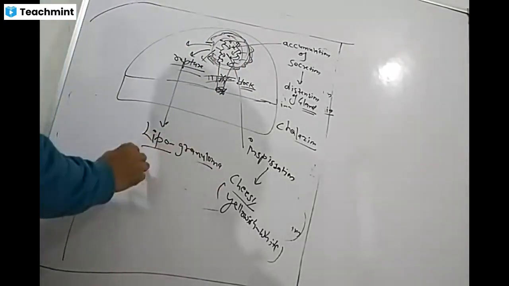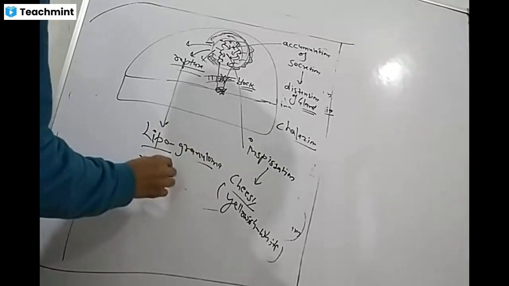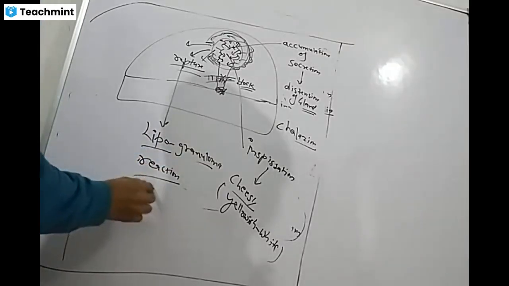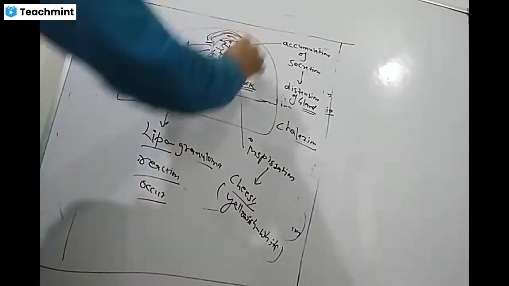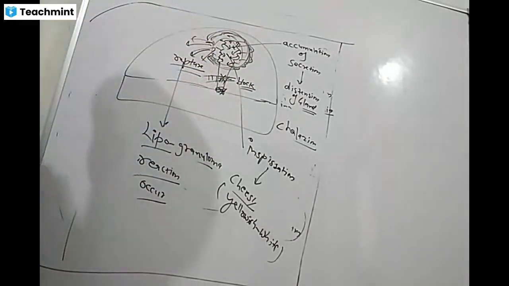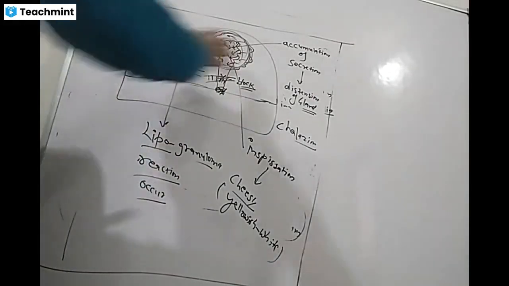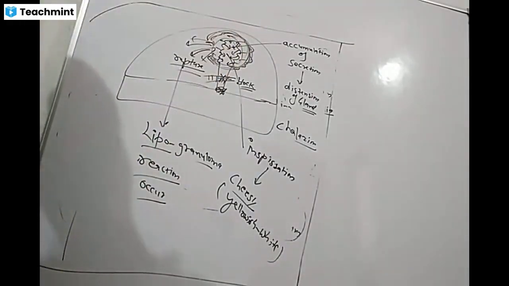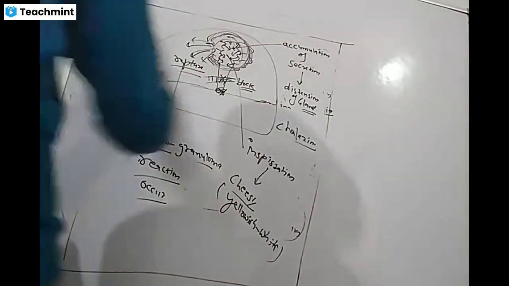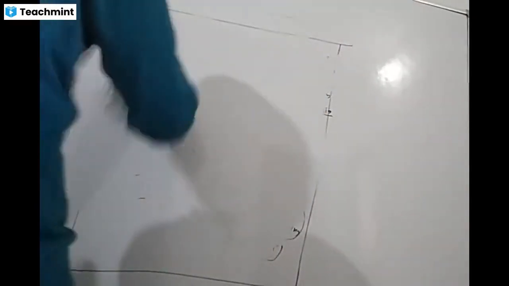So a lipogranulomatous reaction will occur because of rupture of the sebaceous gland. So these are the structures related with the chalazion: eyelid, meibomian gland, swelling.